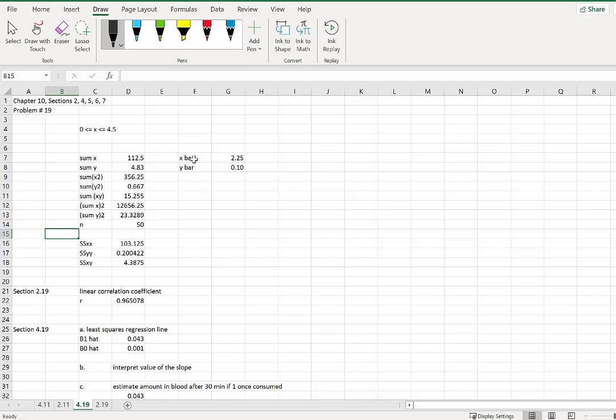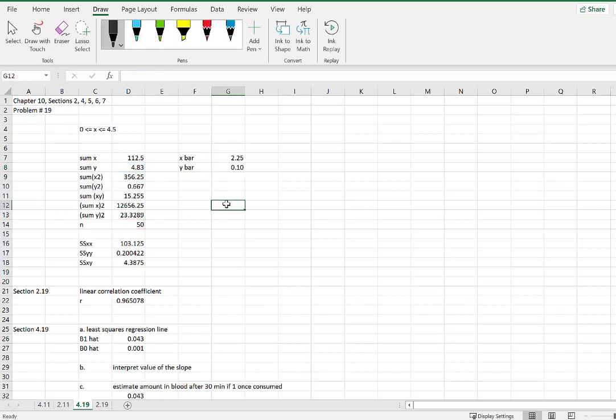I have added over here calculations for x bar and y bar, the average value of x and the average value of y. Those are the sum of the x's divided by the total number of samples n for x bar, and likewise the sum of the y's divided by n for y bar.